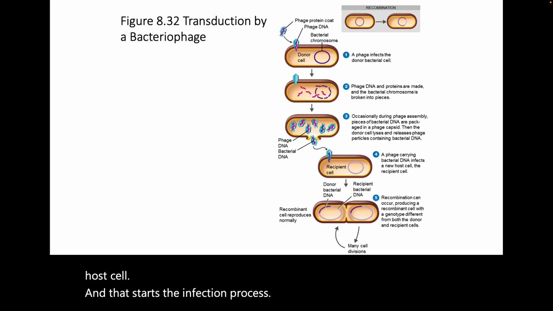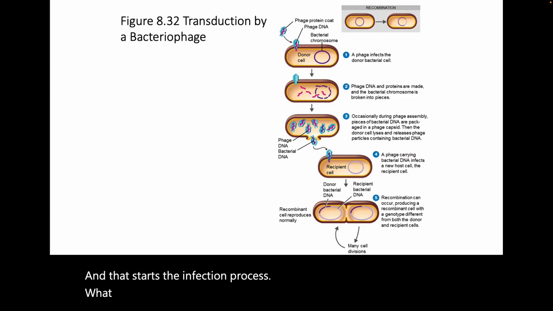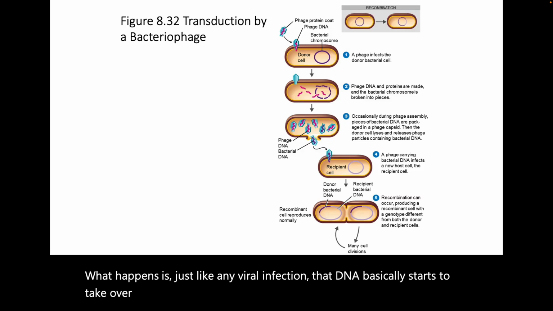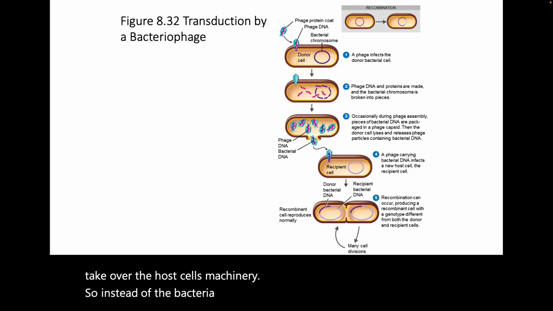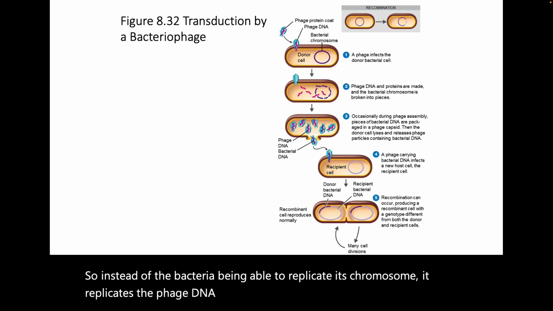What happens is, just like any viral infection, that DNA basically starts to take over the host cell's machinery. So instead of the bacteria being able to replicate its chromosome, it replicates the phage DNA. It replicates the viral DNA.